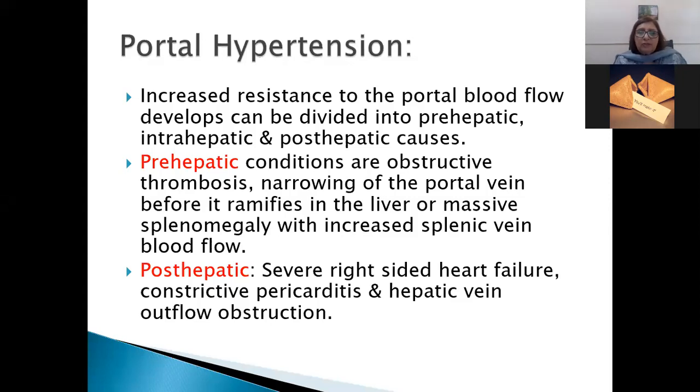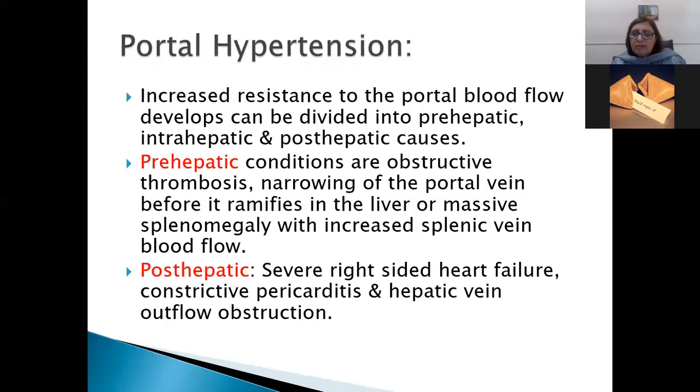Massive splenomegaly means the spleen size is increased a lot, which will lead to an increase in splenic vein blood flow. Posthepatic causes are severe right-sided heart failure, constrictive pericarditis, and hepatic vein outflow obstruction.